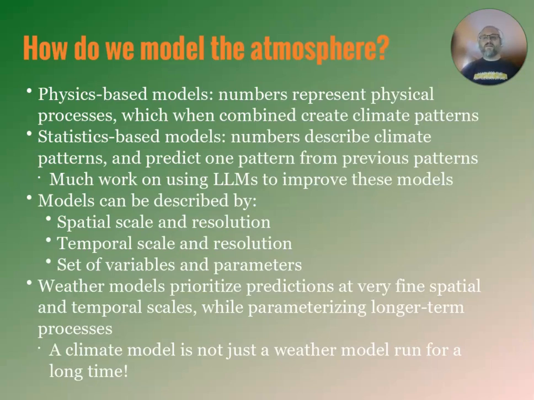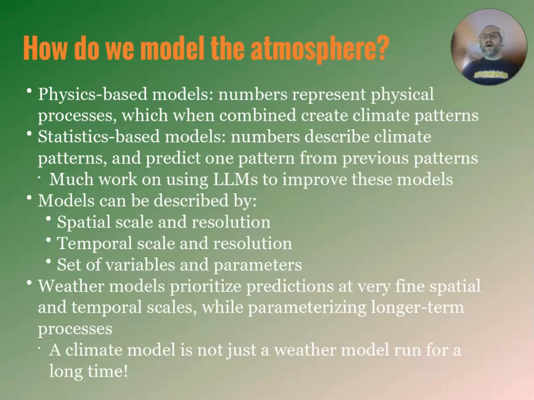So a weather model treats the composition of the atmosphere as basically static, as the same, because the composition of the atmosphere, the percentage of the atmosphere that's CO2, is not going to change in any meaningful way just from today until the end of the week. Right? It's not going to change in any noticeable way just over that short period of time, which is what we're trying to predict with our weather model. So the weather model is not going to incorporate changes in CO2 concentration as a variable. That's just going to be held constant in the weather model.